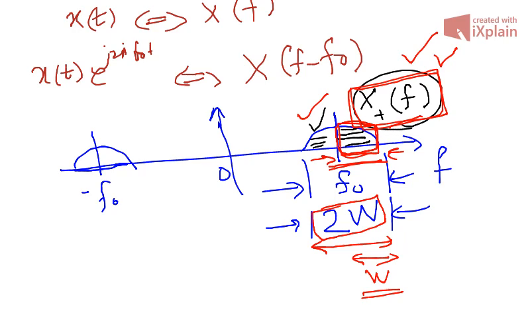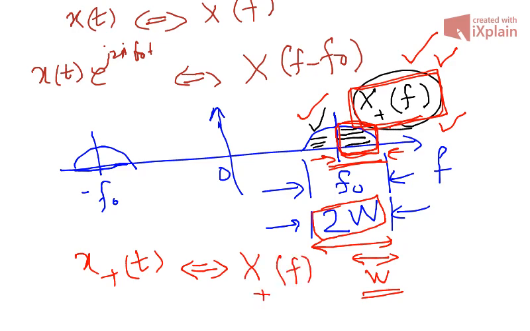So in our lecture today, we will try to find the x plus t equivalent whose Fourier transform is X plus f. We will try to find out this signal.